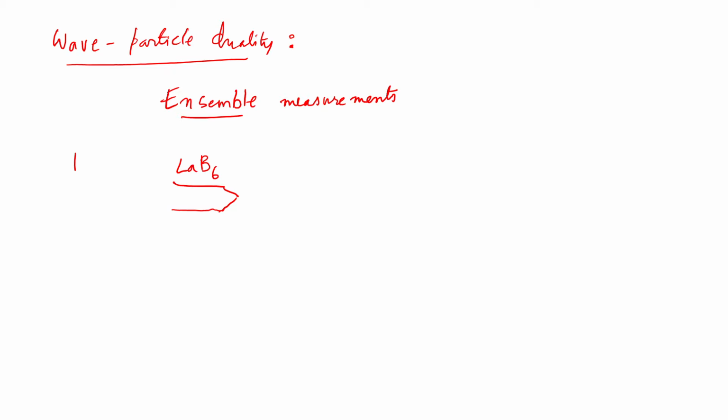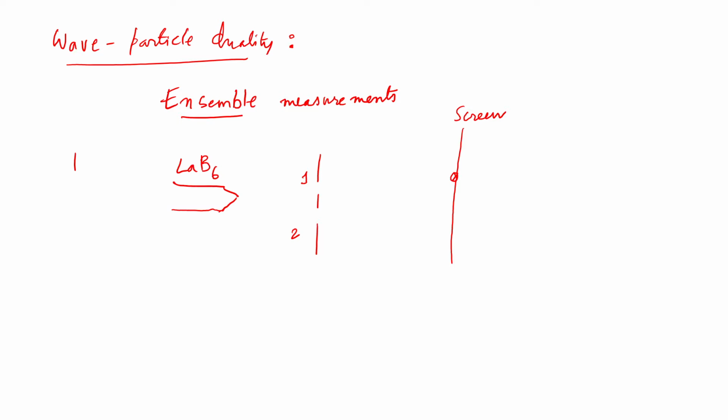So you can have electrons coming out of this filament. Now if we place a double slit here, and then there is a screen here, an electron coming out of this filament could either go through slit 1 or slit 2 and fall on the screen.